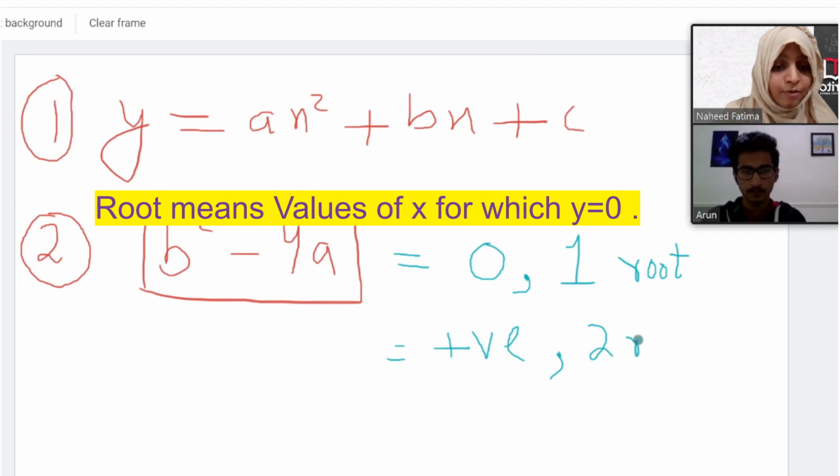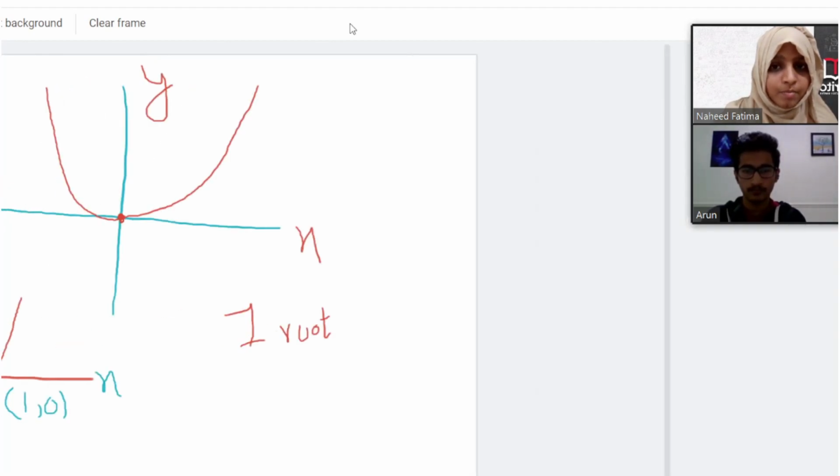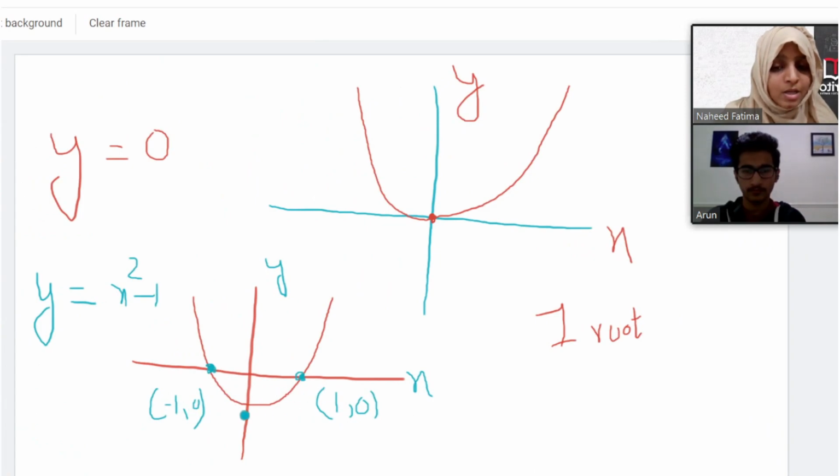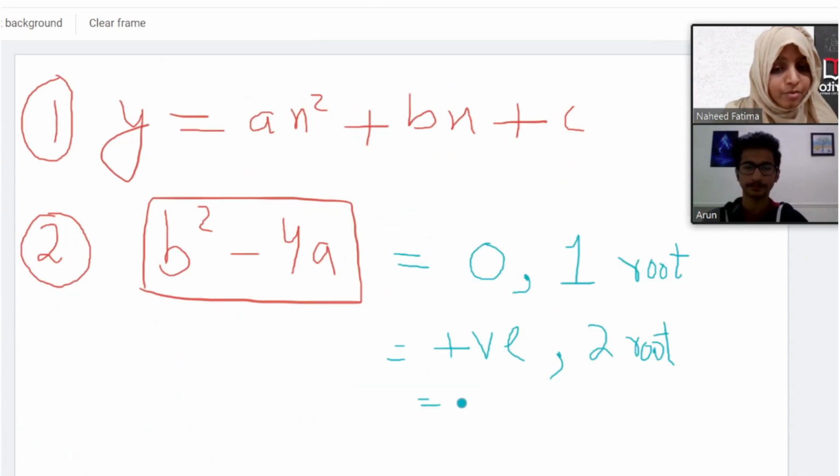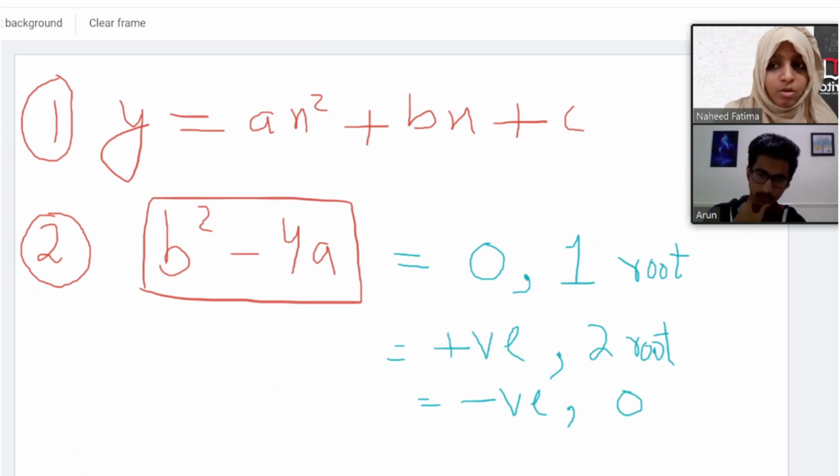So for this equation, my graph has two roots, and if it is negative, then your graph will have no root. That means there will be no value for x for which your y is 0.